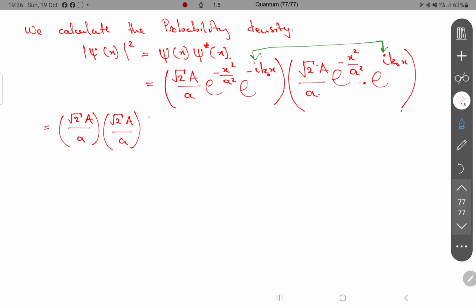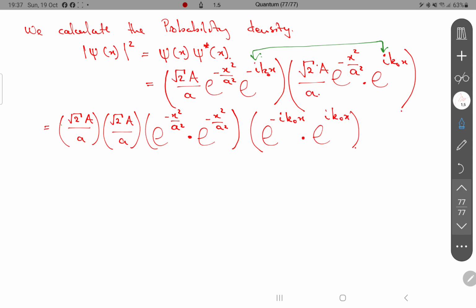Then collect like terms: e to the negative x squared over a squared, and another like term, e to the negative i k naught x times e to the i k naught x. This is more like working like a primary school kid.